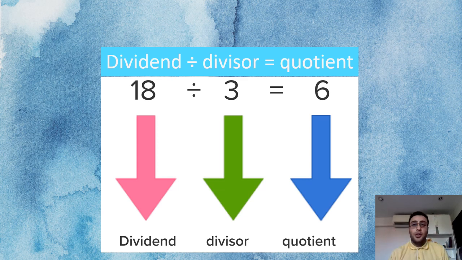Before we go further, we need to know the names of the division parts, okay? The main number, which is the biggest number, is called the dividend. Dividend, okay? We have a dividend here.